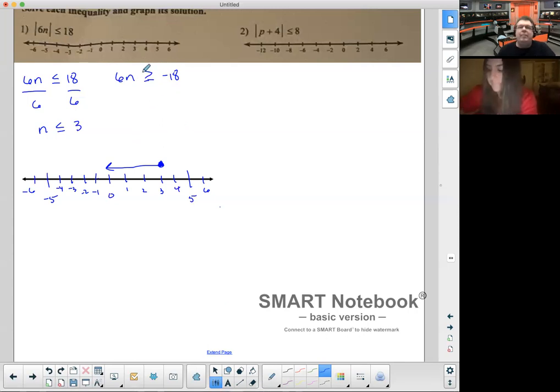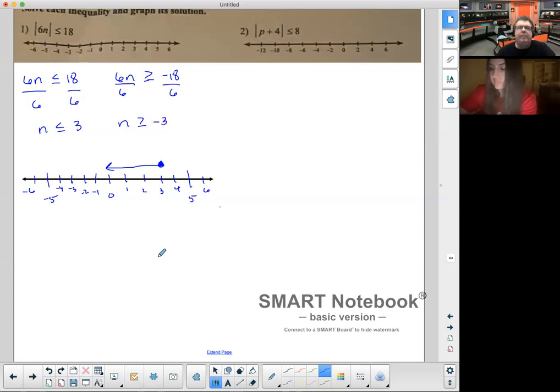So everything's the same. You just need to change your two inequalities. We're still going to divide by 6, and then n is going to be greater than or equal to -3.